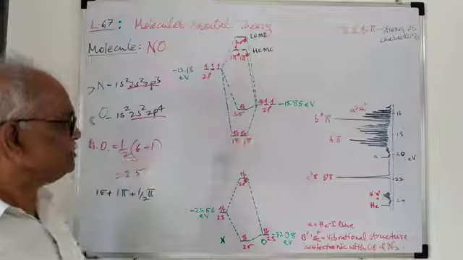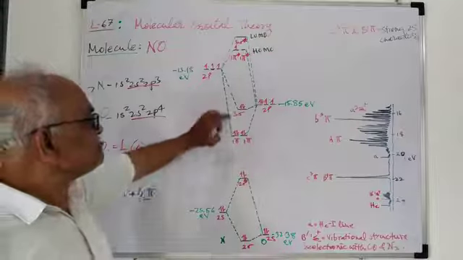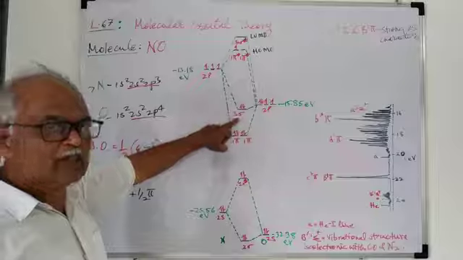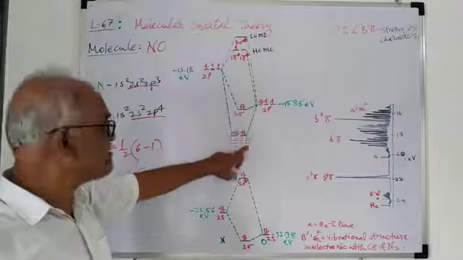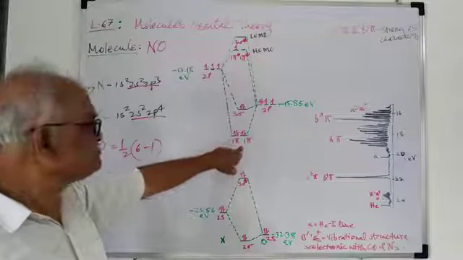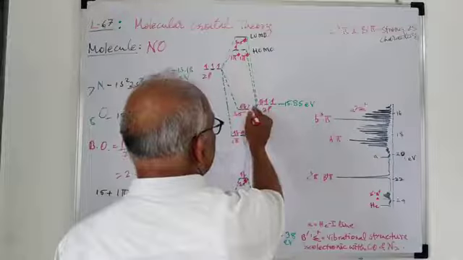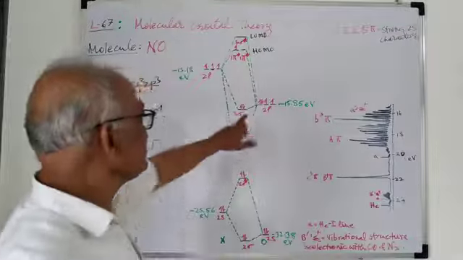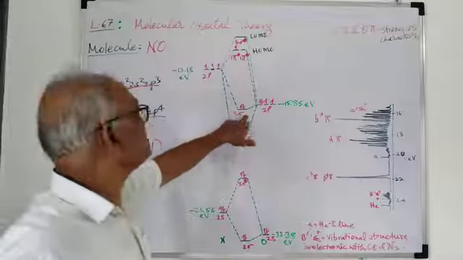Here we have to remember that the sigma molecular orbital is lying at higher energy than this pi molecular orbital. So the pi molecular orbital is at higher energy, meaning it has relatively low ionization energy.